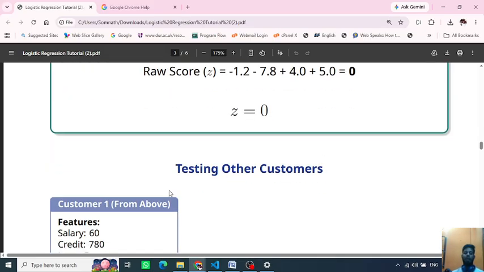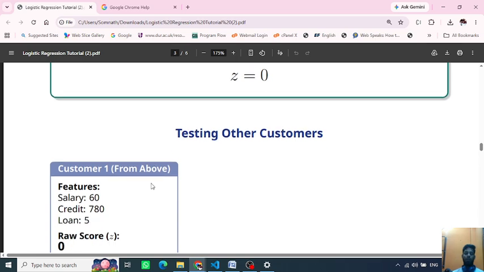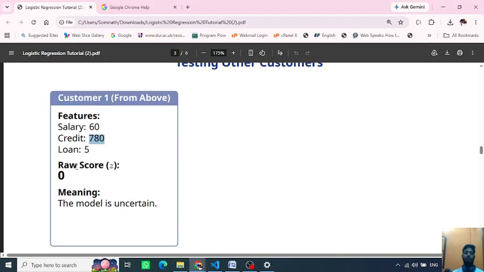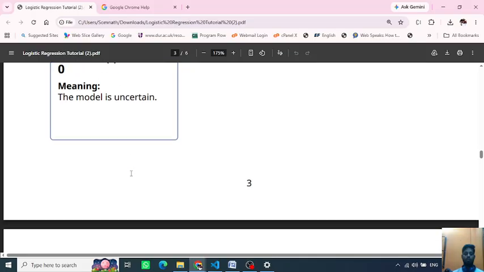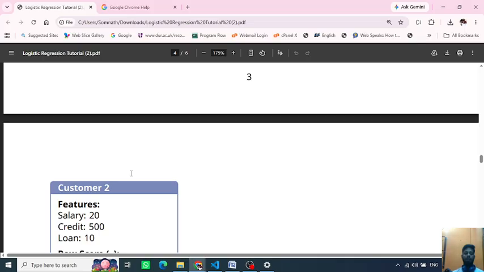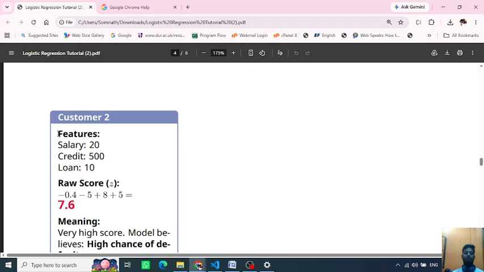This is customer 1, which I already calculated. For this customer, the raw score was 0. That means the model is uncertain and cannot predict.